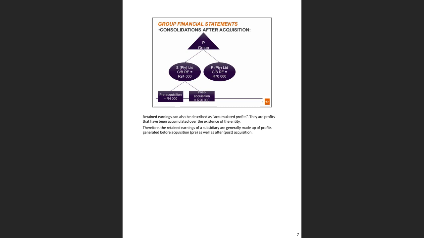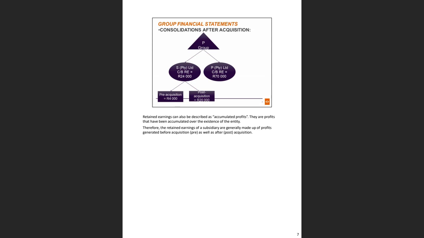So in the individual company of S Pty Limited, there's this closing balance amount of 24,000 Rand. But this relates to the profits that were generated before this company was acquired, and some of it will relate to profits that are generated after it was acquired by P Pty Limited.